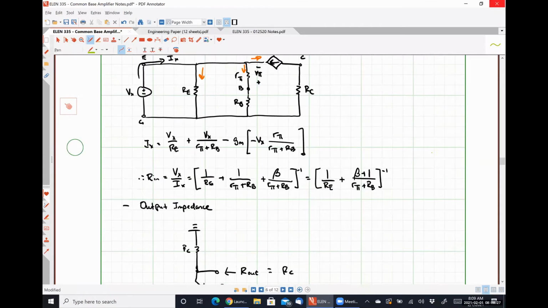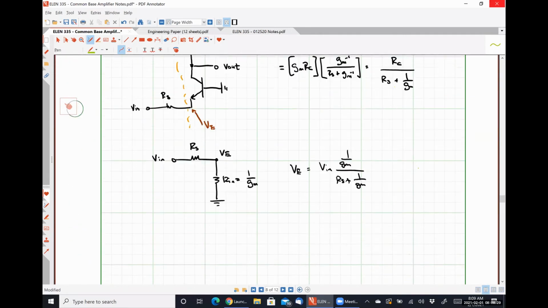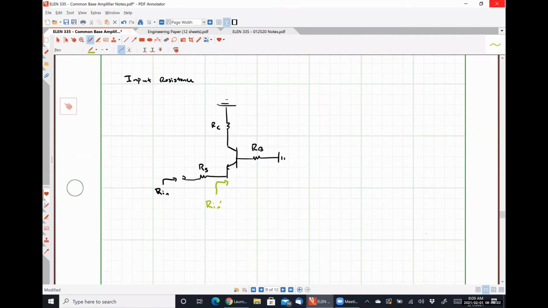So that means that, come all the way back down here, this Rin, seen from this point in the circuit, is (R pi plus RB) over (beta plus 1), and therefore our total input resistance for this guy is simply RS plus (R pi plus RB) over (beta plus 1).